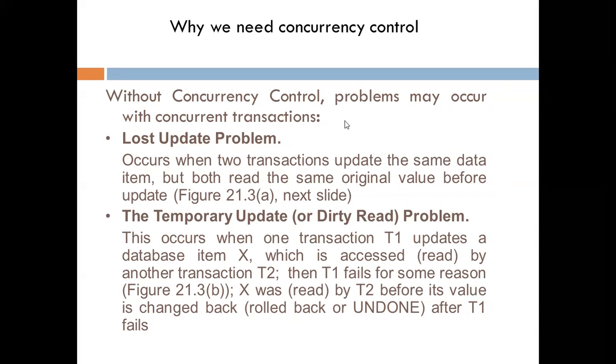The lost update problem occurs when two transactions update the same data item, but both read the same original value before the update. To understand this, consider two persons A and B sending an amount to a third person C at the same time.